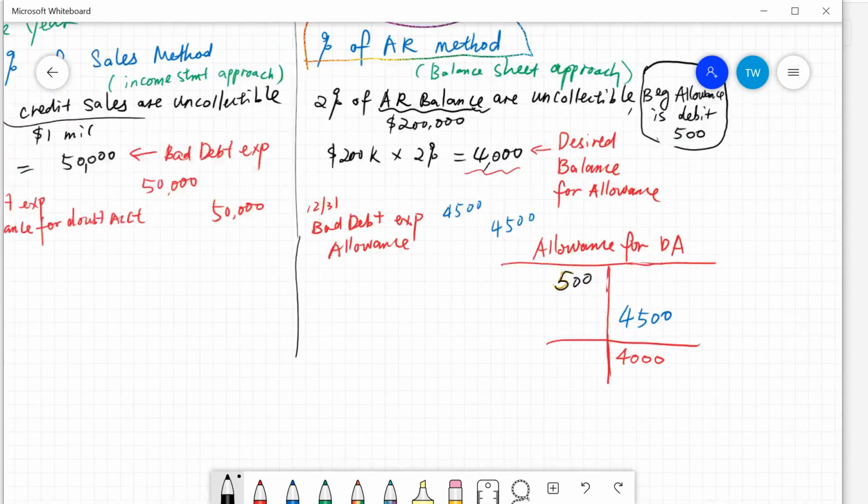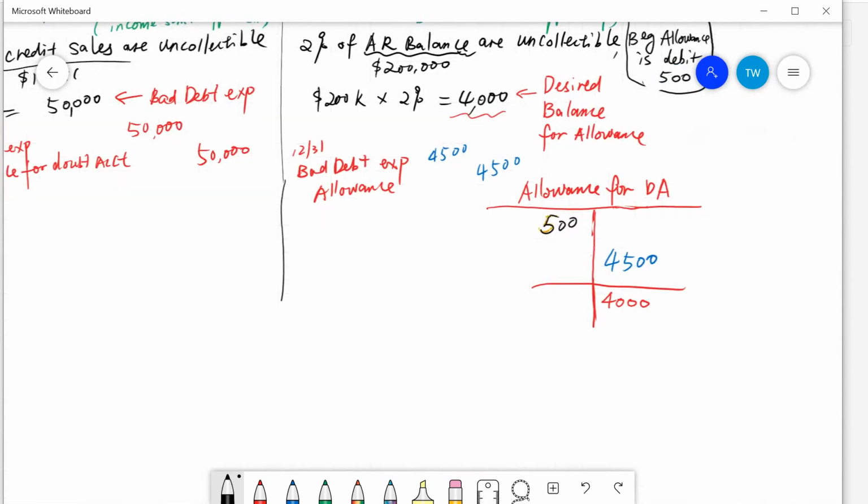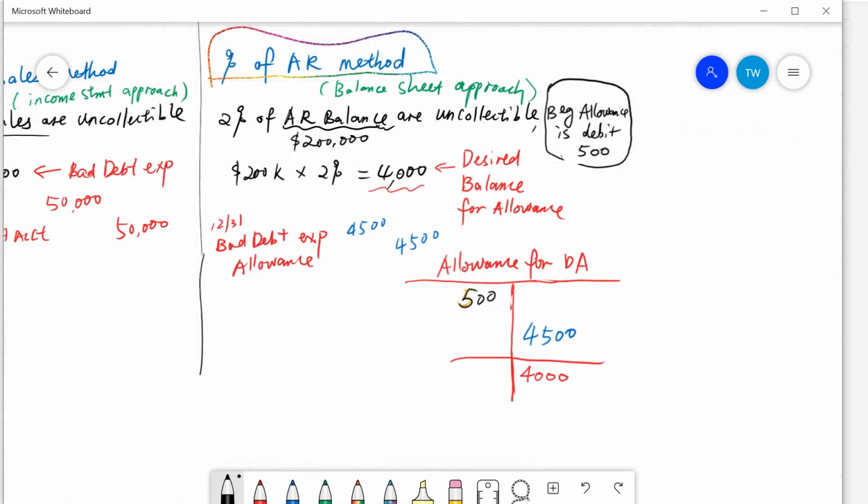Now, let's say that if we're gonna take this allowance, so one step further, this was setting up the allowance December 31st.